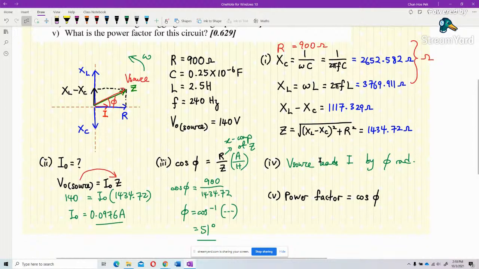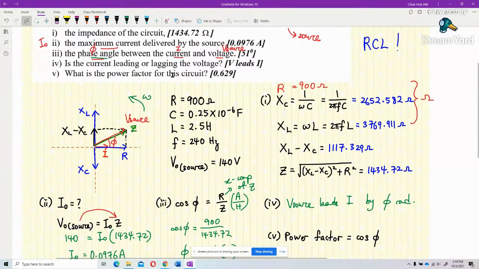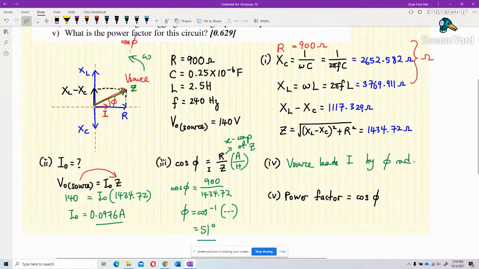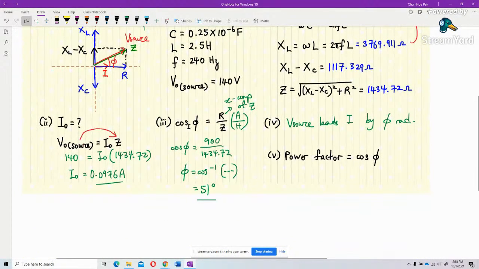Okay, thank you. Now, what is the power factor for this circuit? Power factor is cos phi. Just now, we found cos phi first before we could find phi.